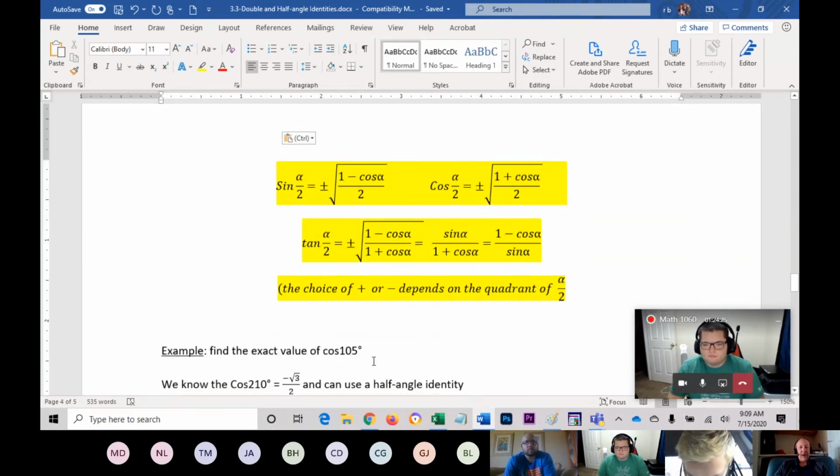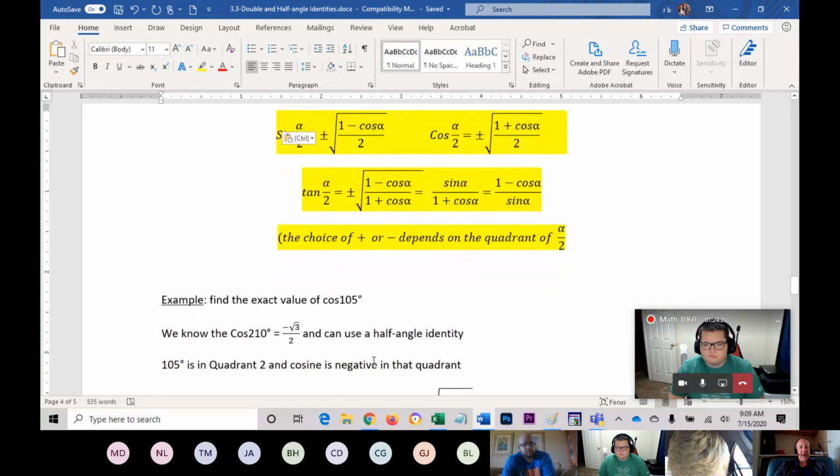Okay, so find the exact value of the cosine of 105 degrees. We're trying to do this without a calculator. So we know that the cosine of 210 degrees, because that's a 30-degree angle past 180, is negative square root of 3 over 2.